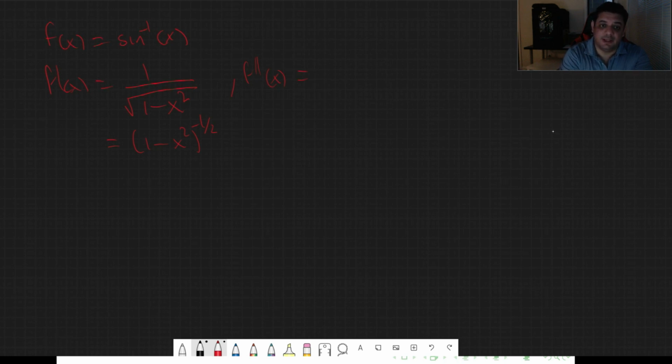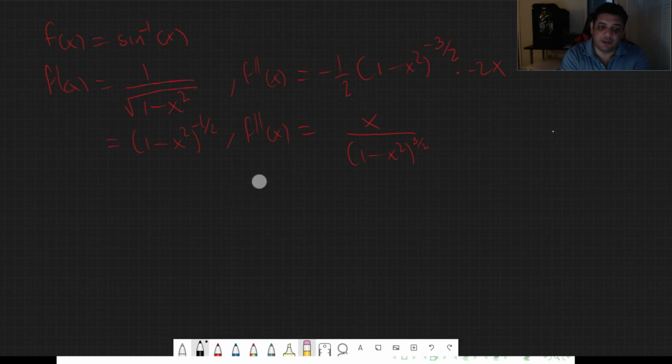So then the second derivative is going to be minus 1/2 times (1 minus x squared) to the minus 3/2, multiplied by the chain rule, which is going to be minus 2x. So now the 2 gets to cancel with the 2 and the minus with the minus, and we get x over (1 minus x squared) to the 3/2. So this is the second derivative function.